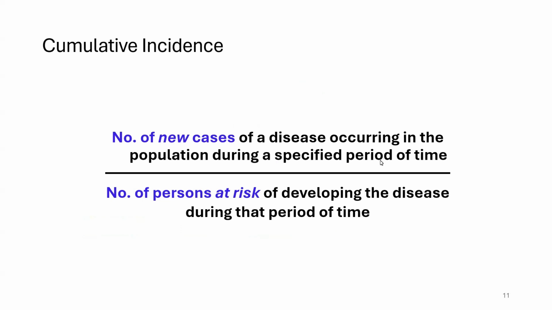So going back to absolute risk. So absolute risk, as I just mentioned, is quantified by cumulative incidence or the incidence rate. So recall from the lecture we just had, cumulative incidence represents the number of new cases divided by the number of people who are at risk for becoming cases.